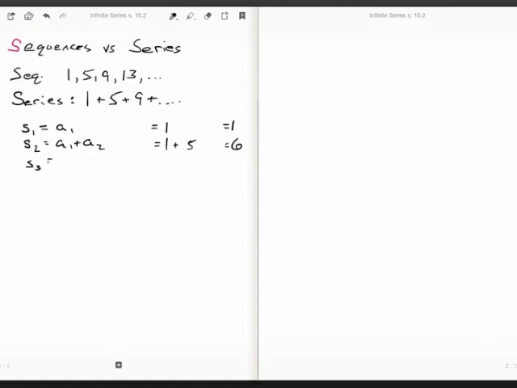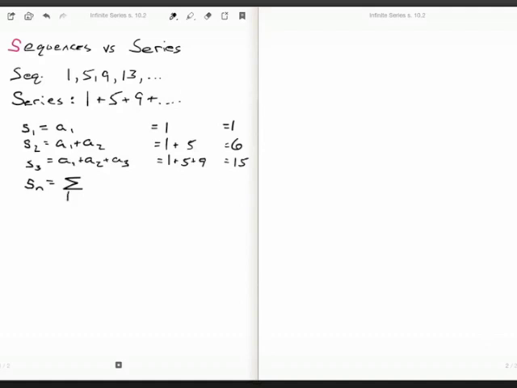S sub 3, you got it, A sub 1 plus A sub 2 plus A sub 3, which equals 1 plus 5 plus 9, which equals 15. Alright, so we can see where this is going. But now we're going to generalize it and say that S sub n, the nth partial sum, is the sum, and I don't know if you've seen this sigma notation, probably in a physics class for sure, but this notation means sum.